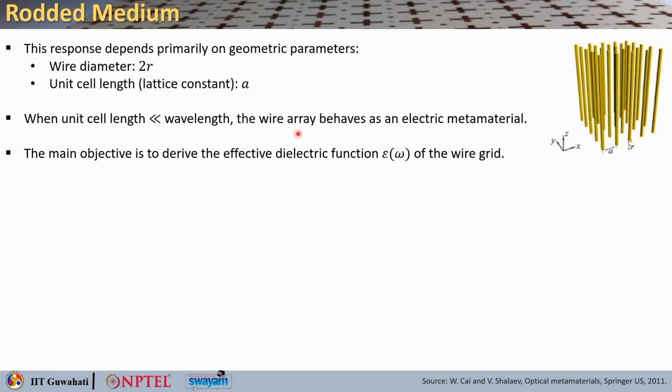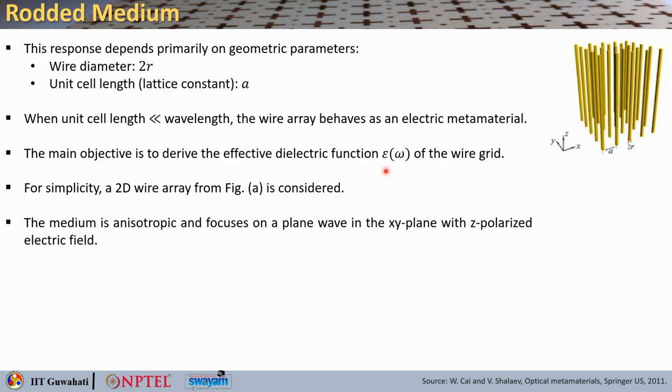The electromagnetic radiation falling on this material will not be able to resolve the wires, and rather it will see some effective medium. So the main objective here will be to derive this effective dielectric function, epsilon of omega, for this wire grid structure. For simplicity we will consider this structure which has only two important parameters, a and 2r.